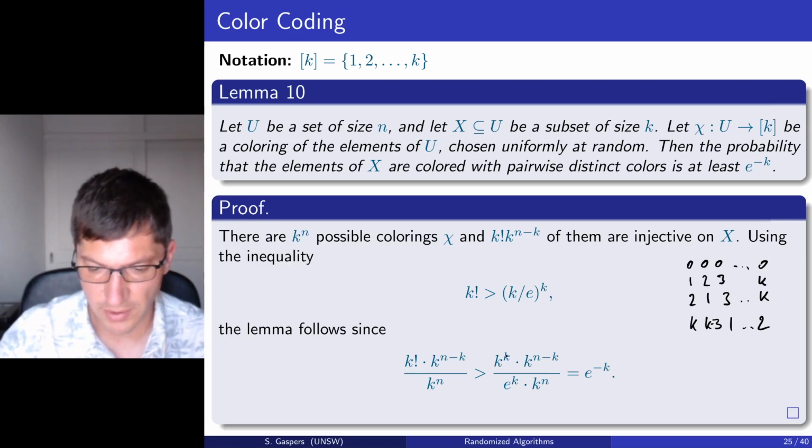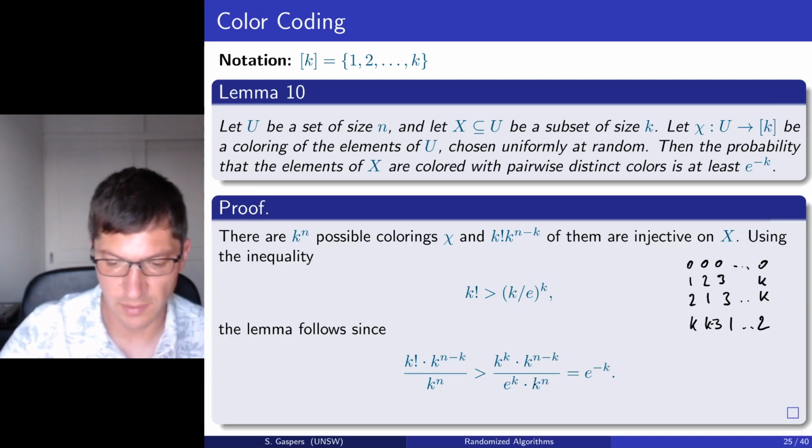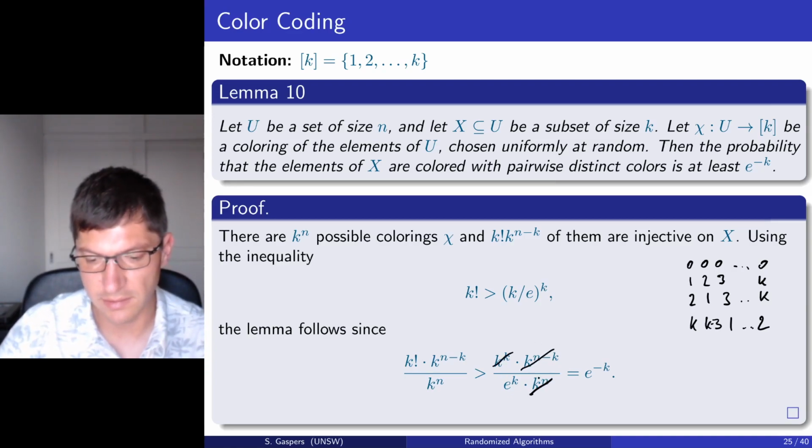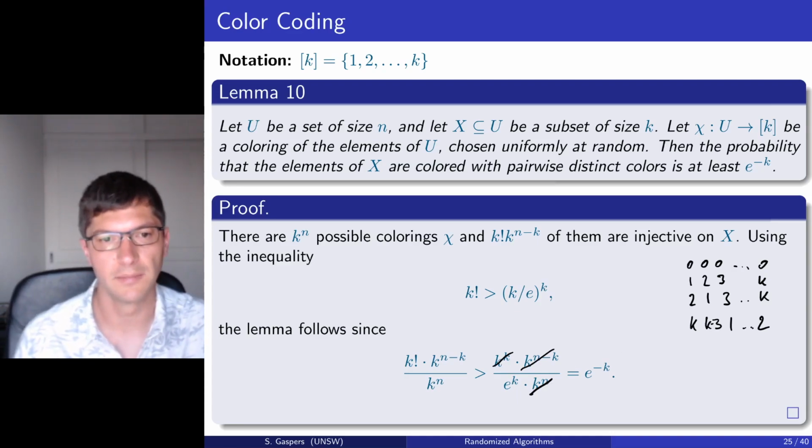On the top we have k to the power k times k to the power n minus k, which in total is k to the power n, so this simplifies, and we just get 1 divided by e to the k, which is e to the power minus k.